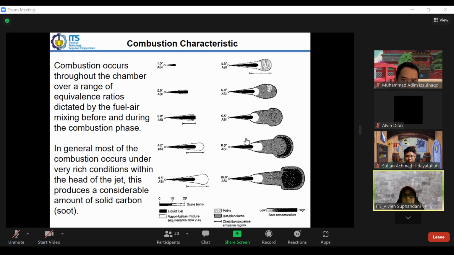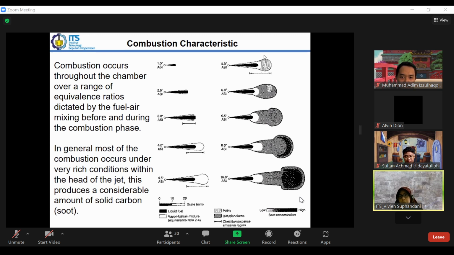And this produces a considerable amount of solid carbon or soot, as what we saw before. If we look at the graph here, this is the fuel development when it's injected. Initially, all of that will be fuel, and then we have a mixture around it when it's injected in the cylinder. Afterward this will start to burn, so we have a flame here.